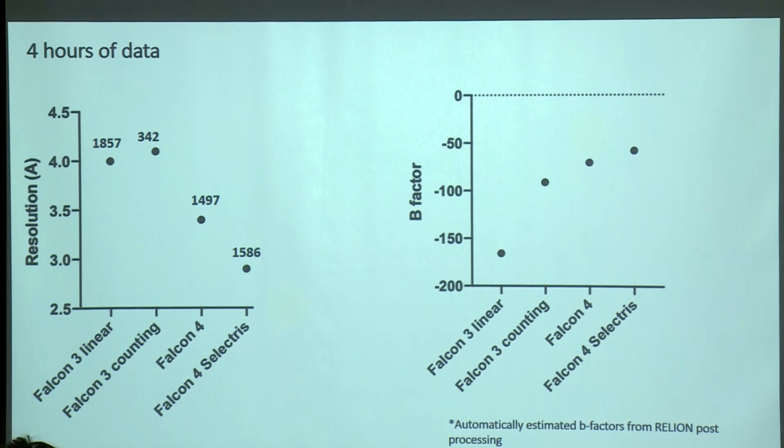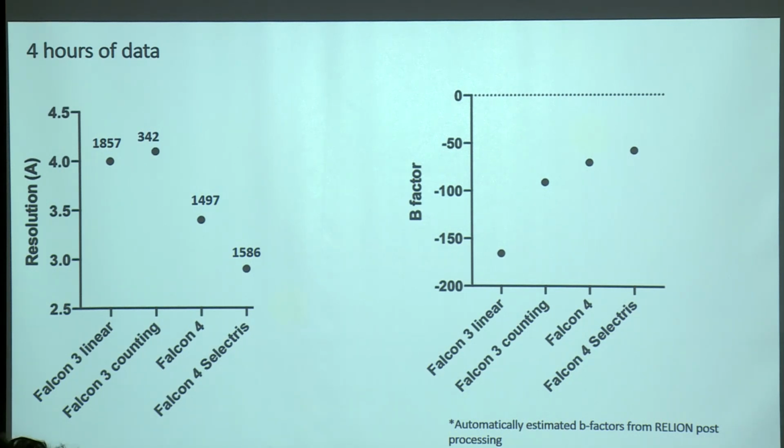This indicates that the reconstructions from the Falcon 4 are genuinely better quality. That's excellent, because we've just spent £1.5 million with Thermo Fisher, so it's good news that the new detectors are doing their job and giving us improved resolution structures.